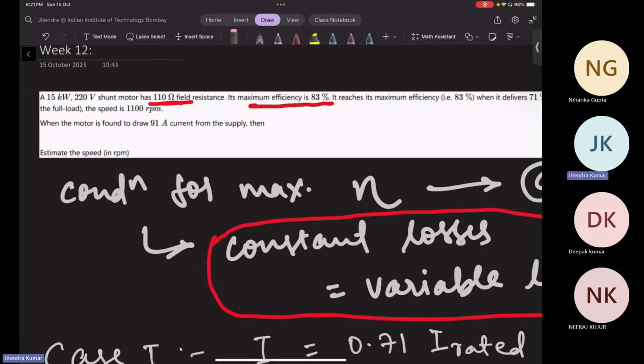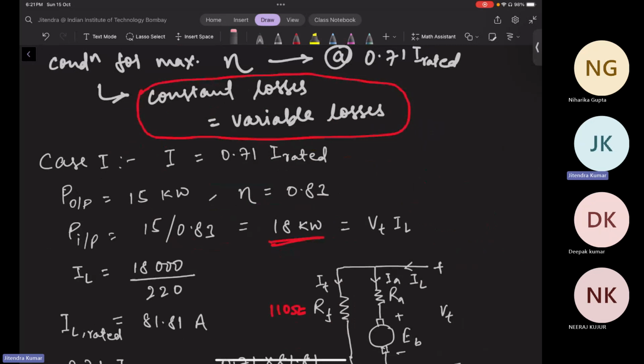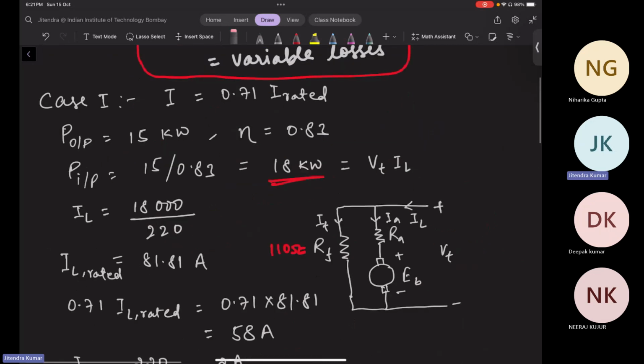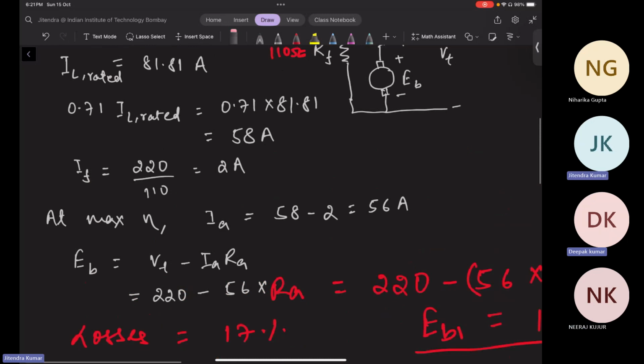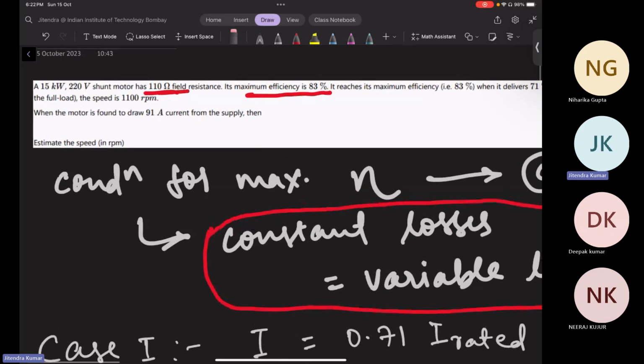Okay, sir. So any other doubt in this part? No, sir. In case of motor, they always give output power in the question. Yes. In case of any machine, whatever ratings are provided here will be output power only.